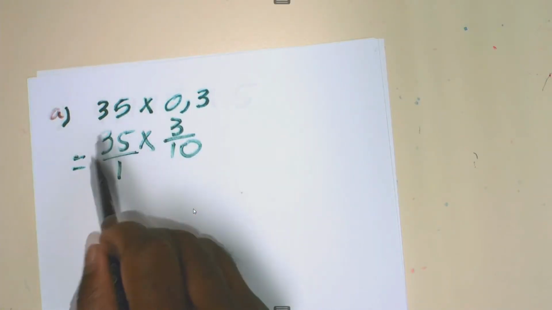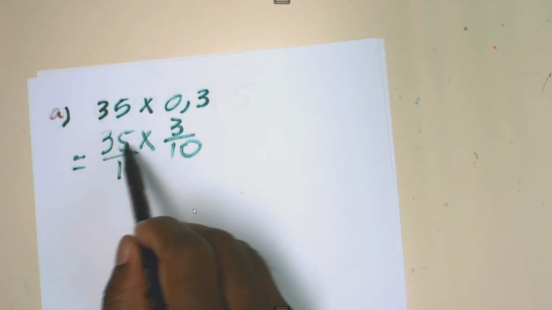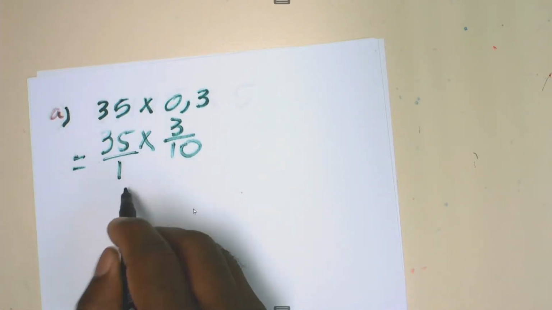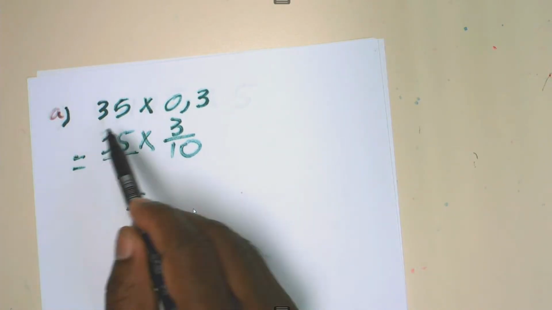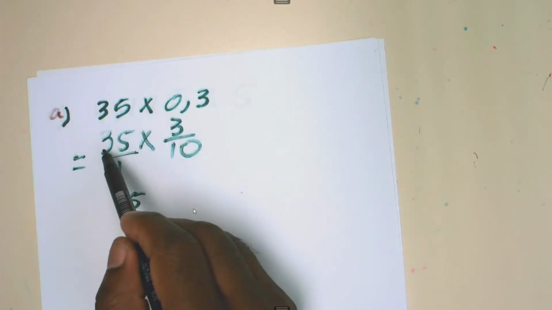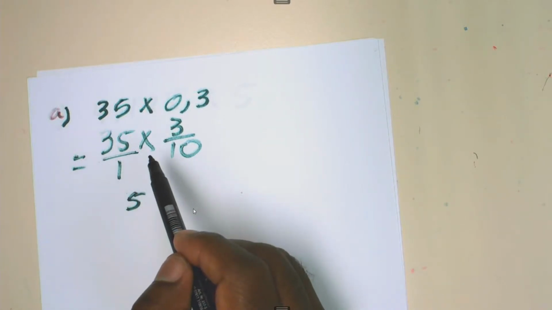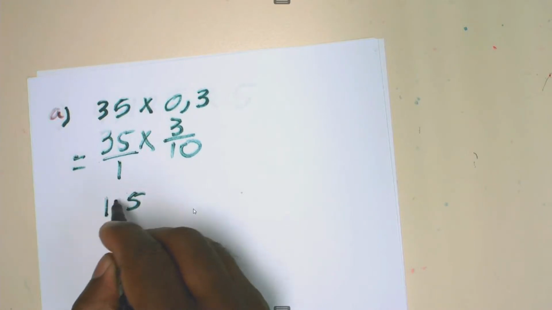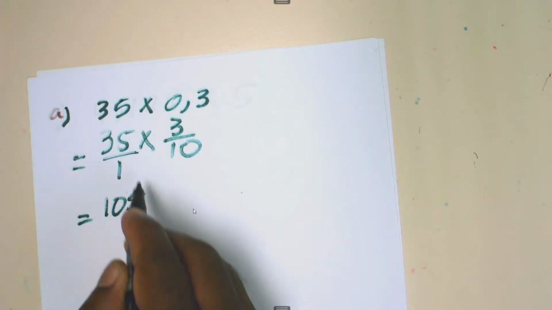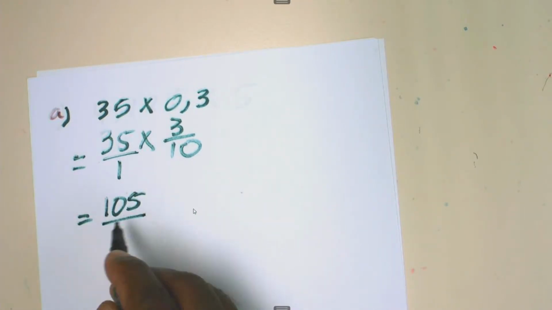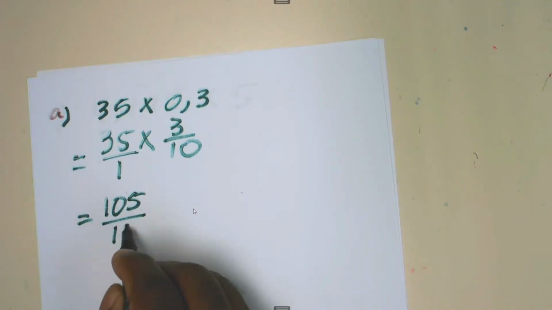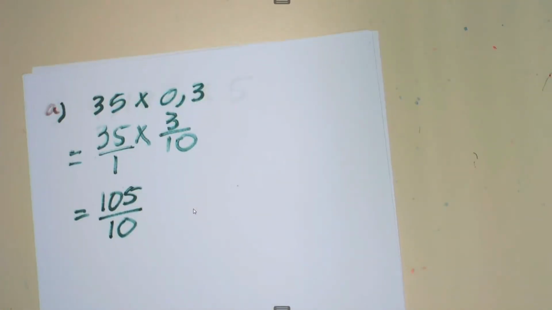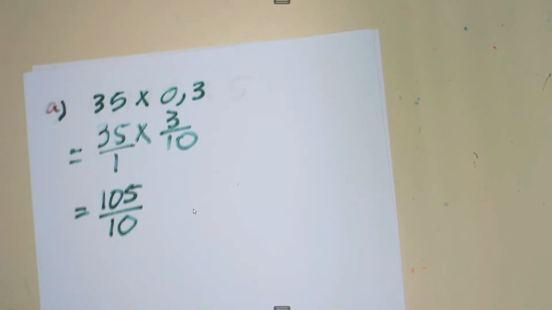We are talking about 3 by 35, which is 15. 3 by 5 is 15. Then we carry 1, and then 3 by 3 is 9. 9 plus 1 is 10. Then we have this. 1 multiplied by 10, we have 105 tenths. We have 105 tenths. Now it's an improper fraction.